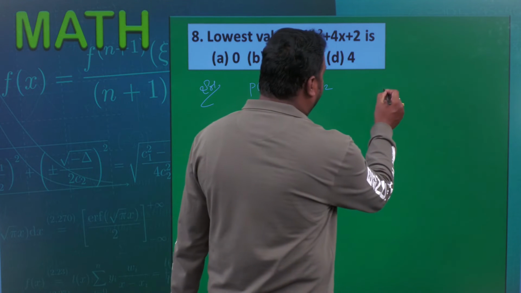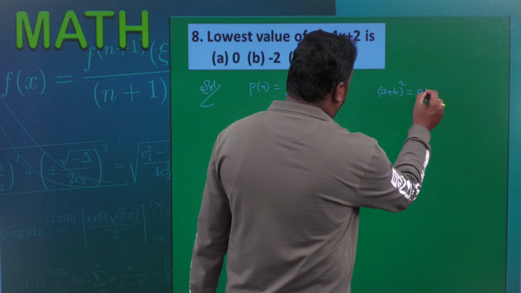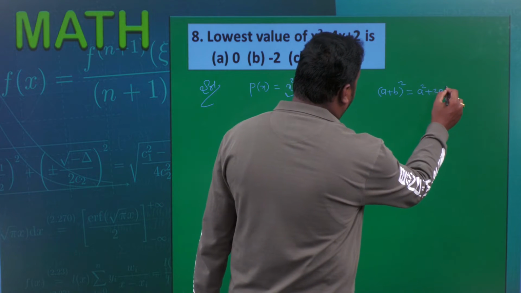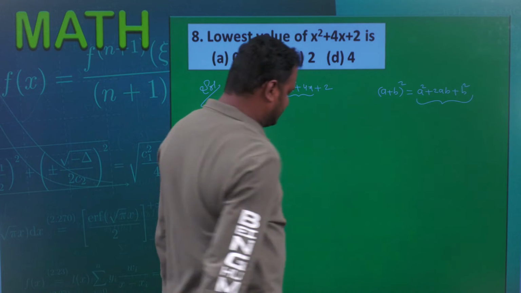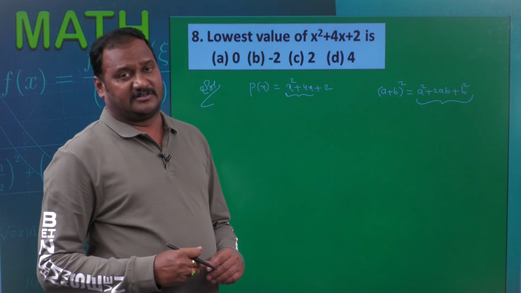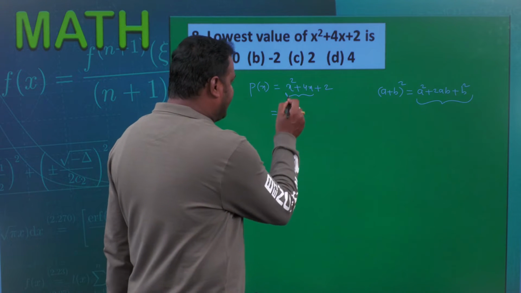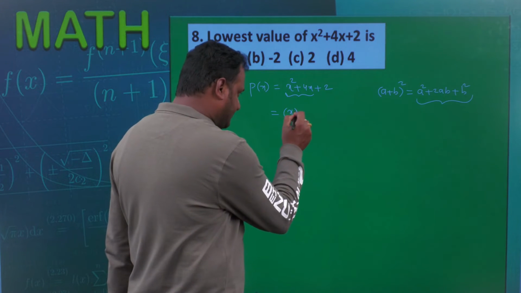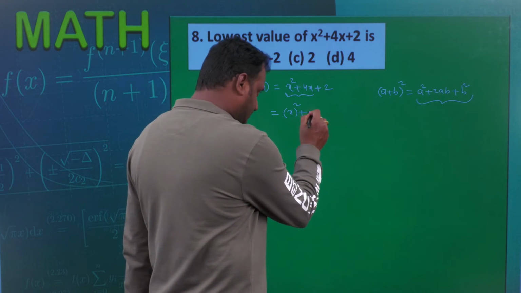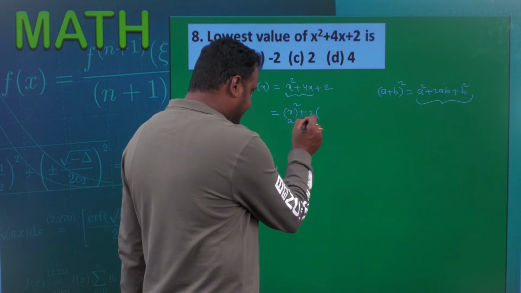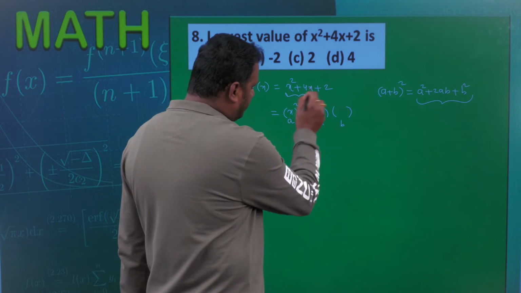What is the formula for a plus b whole square? a plus b whole square is equal to a square plus 2ab plus b square. So I am going to use this expansion in order to convert it into a square number. How is that possible? See here, writing x square as x whole square, that is a square, plus 2ab: 2 is 2, a was already decided, 2 into a into how much is equal to 4x.